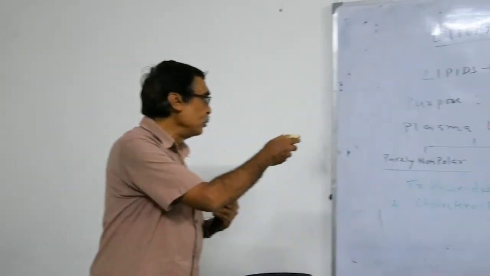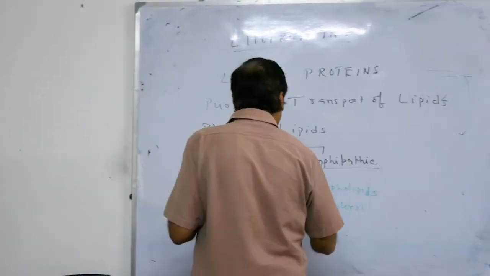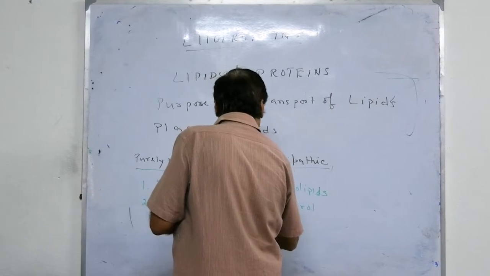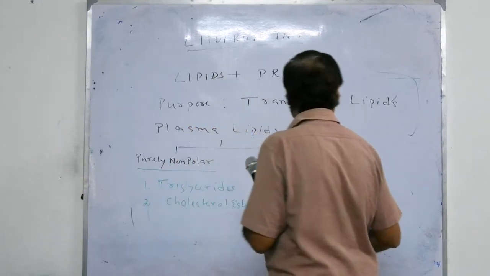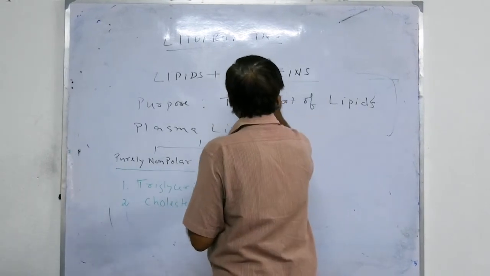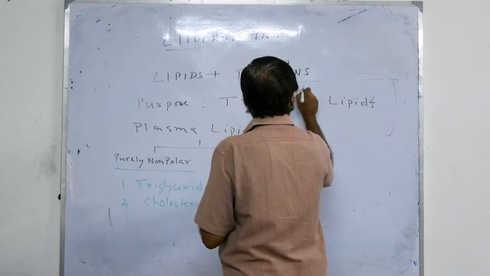And these four lipids are present in the plasma, which are required to be transported, and for transportation it requires some proteins, and the protein parts are called apoproteins.